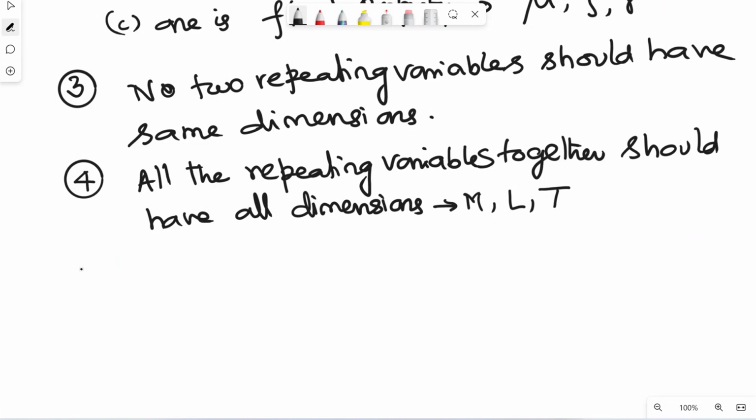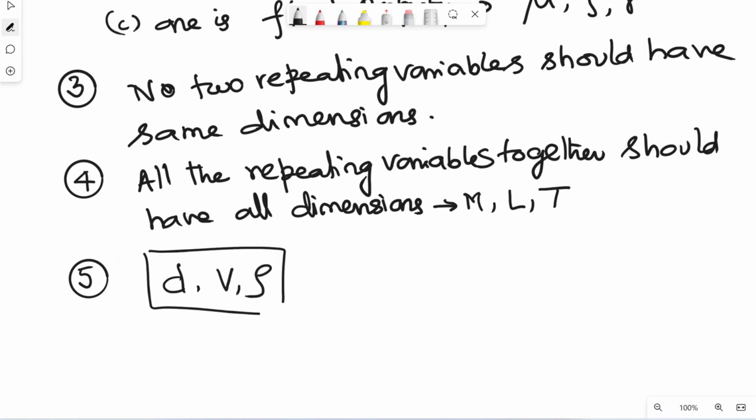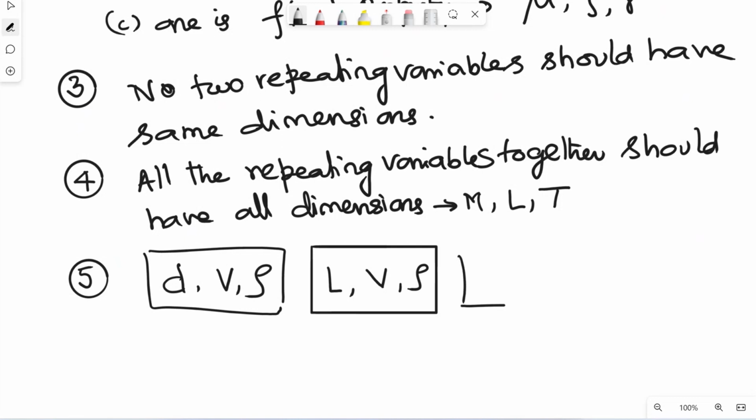Which are the general combinations in problems? By experience, I am telling, people will choose diameter, velocity, mass density. This is one combination. Similarly, L, V, rho is one more combination. Another is L, V, mu.